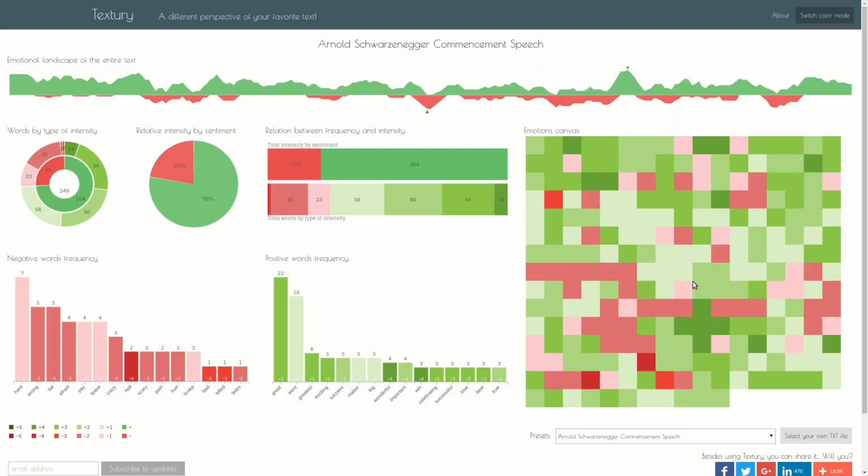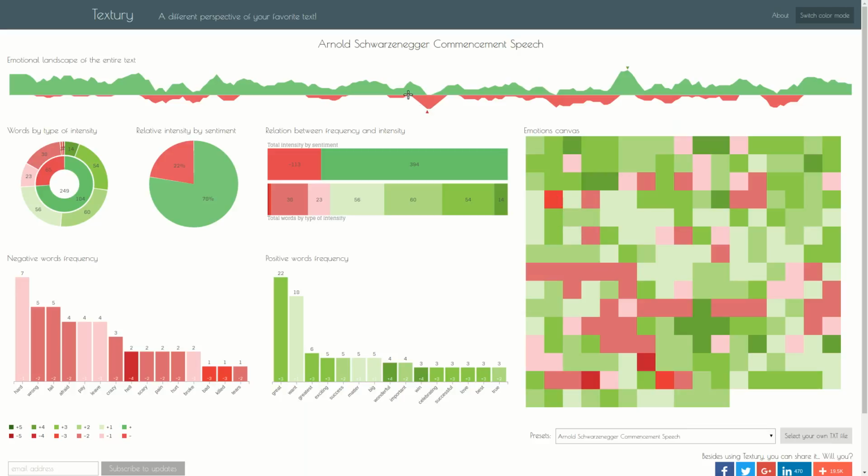So out of it we can infer some probable conclusions: here in this part, like the third quarter of the text, it's more negative, and we have here the most negative words, which are hell and bad and killed, which happens at the beginning.